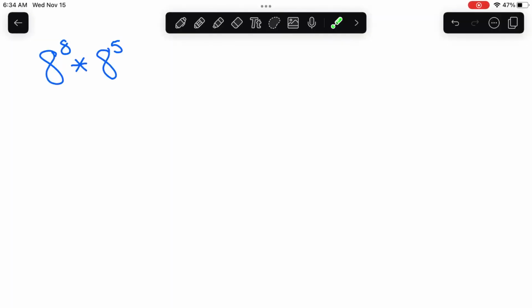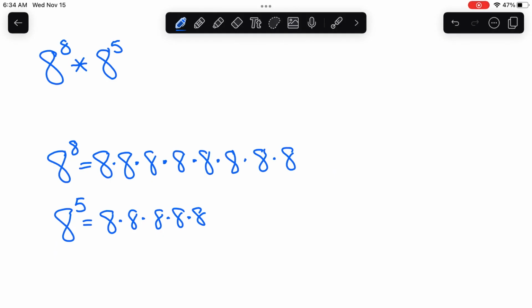Let's look at one more example to help solidify this mathematical concept. If I have 8 to the 8th and I'm multiplying it by 8 to the 5th, then I have 8 8's being multiplied by 5 8's. So 8 times 8 times 8 times 8 times 8 times 8 times 8 times 8, that's the first term.